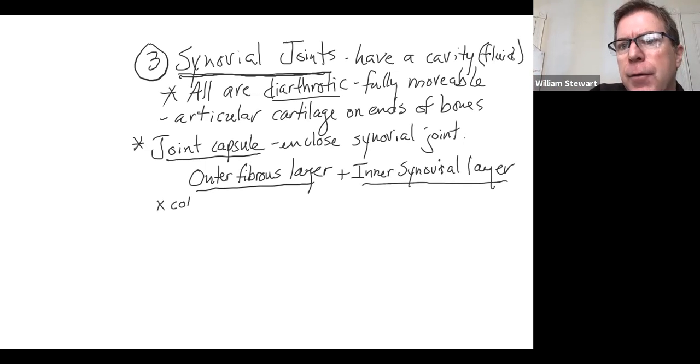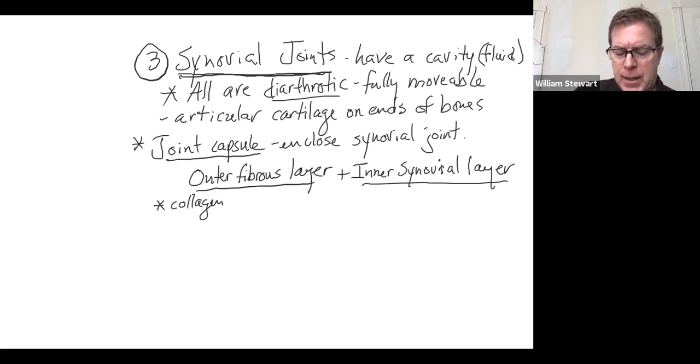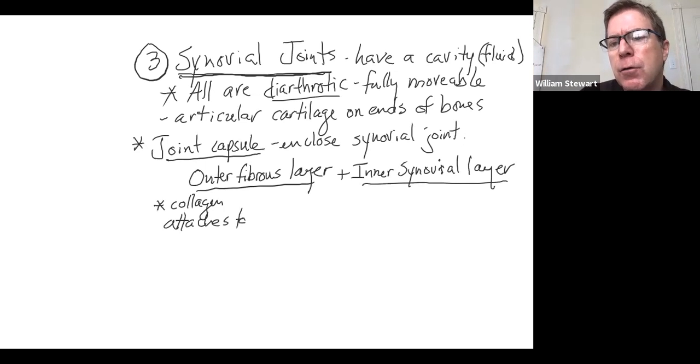So I'm going to write the word collagen. Remember, that's a type of fiber that's very strong because it has the protein collagen in it. The outer fibrous layer attaches directly to the bones, the diaphyses.